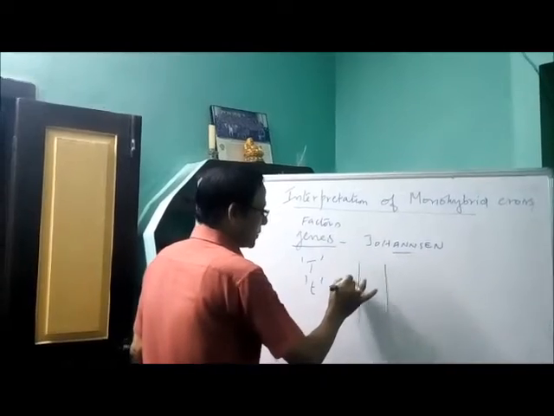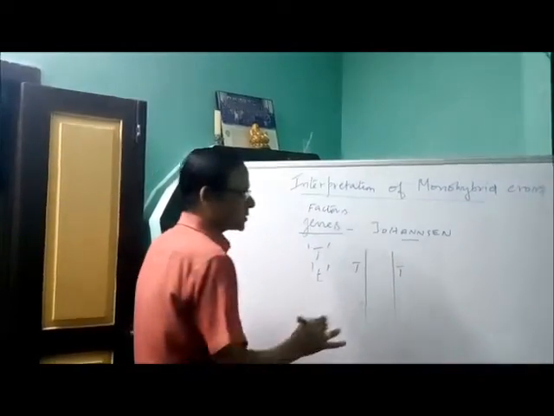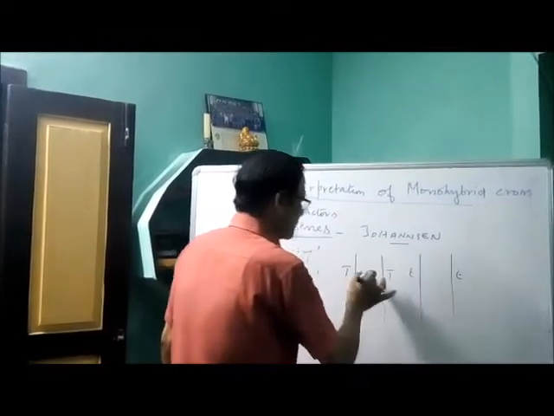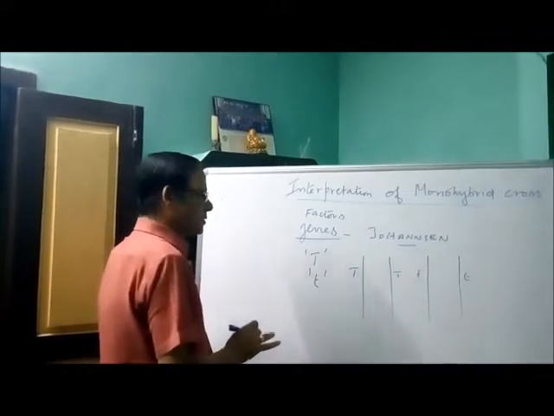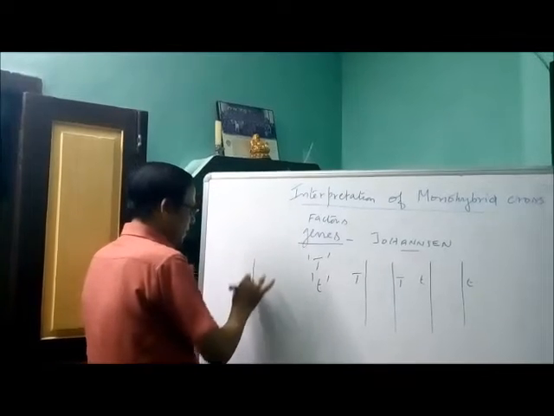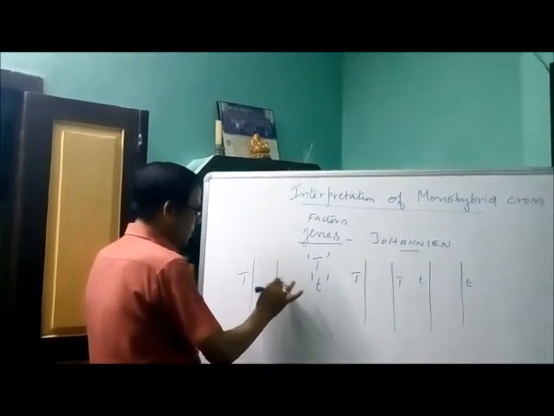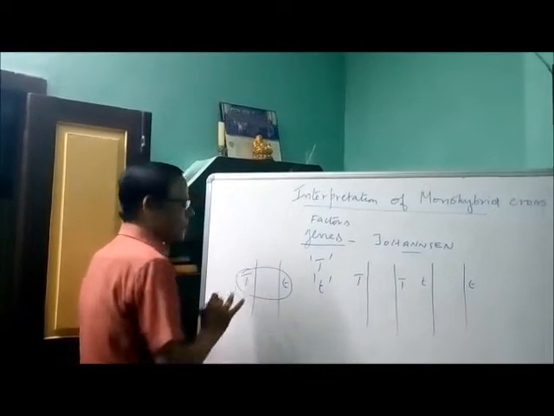Now these factors may be alike or may be unlike. For example, in a particular pair of homologous chromosomes like this, these factors are alike either for tallness or for smallness, or they may be unlike. For example, if you take another homologous pair of chromosomes, now these factors are unlike.